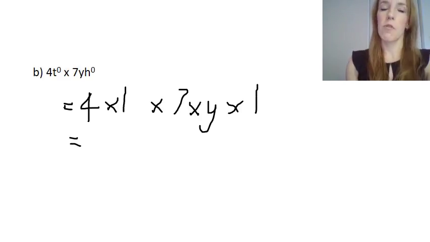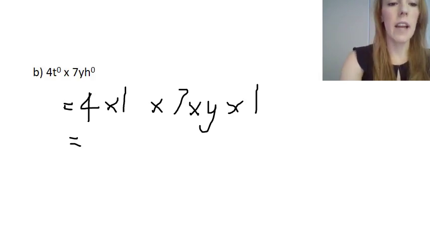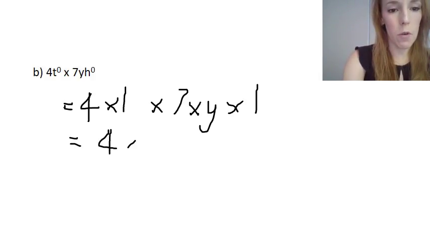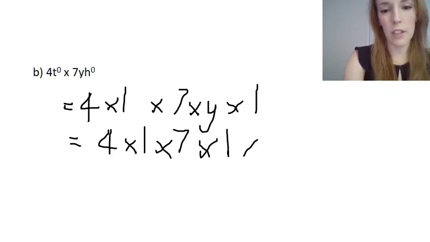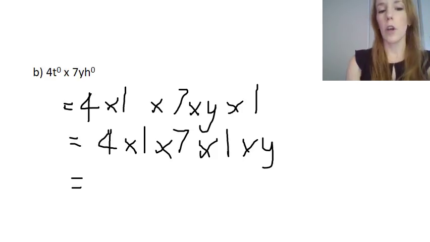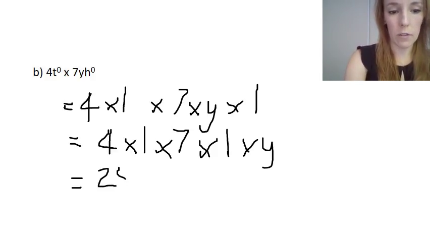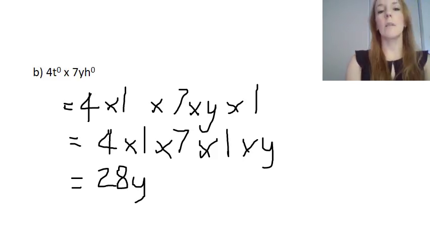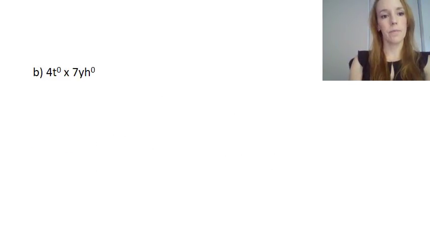From there, I can simplify. So I'm going to rearrange that. I'm going to bring the numbers to the front. So 4 times 1 times 7 times 1 times y. And from there, I can solve it. 4 times 1 is 4. 4 times 7 is 28. 28 times 1 is 28 times y. So it'll leave us with an answer of 28y. So that's our simplified expression there.